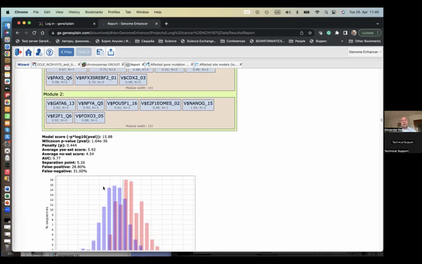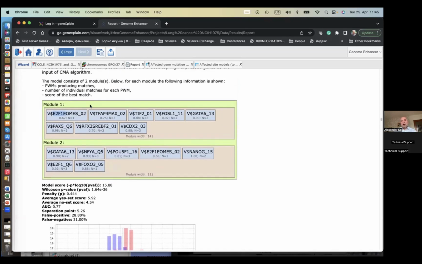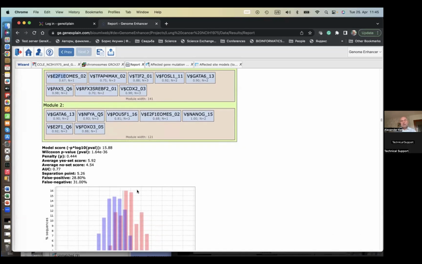And for that we run this composite module analyst, a so-called genomic algorithm, which tries to find the composition of binding sites in the regions around clusters of mutations, and compares them with those regions which don't contain those clusters of mutations.